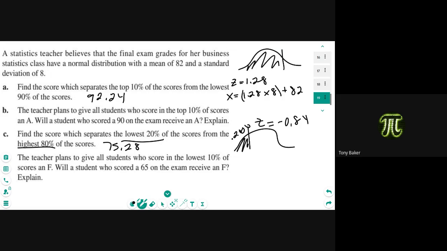So I got 1.28. So anyone who scores lower than a 72 basically gets an F.